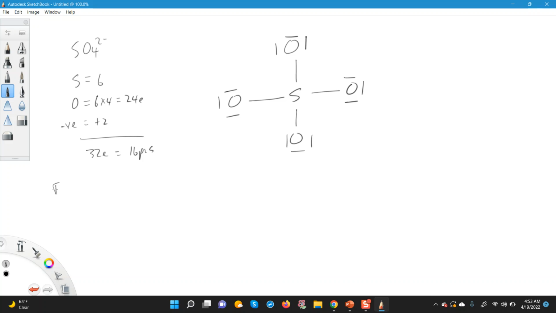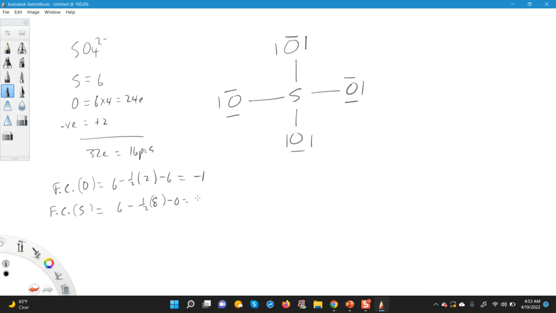Then we calculate the formal charges. In the case of oxygen, that would be 6 minus half of 2 minus 6 equals minus 1. And in the case of sulfur, that would be 6 minus half of 2, 4, 6, 8, minus 0.